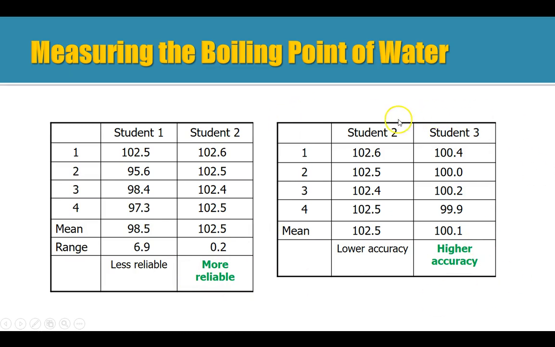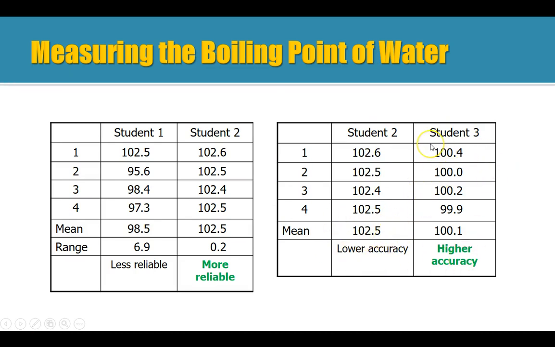If we have a look over at students 3 and 4 here, we can see that student 4, although they have very precise data, reliable data, they're actually off. They have a systematic error because we know that water boils at 100 degrees Celsius, but according to student 4's data, it is boiling at 102. So there must be a systematic error there, and therefore they have low accuracy.